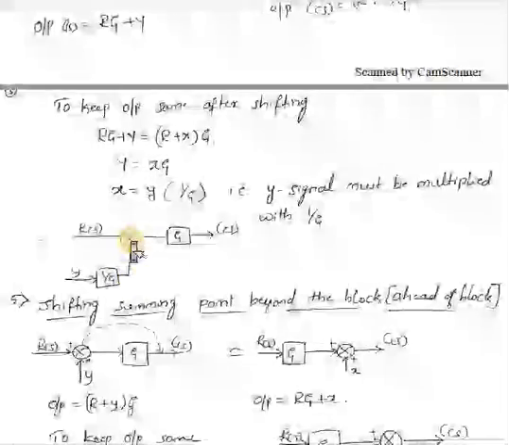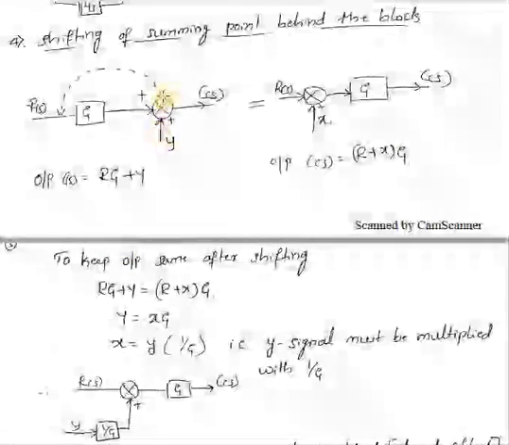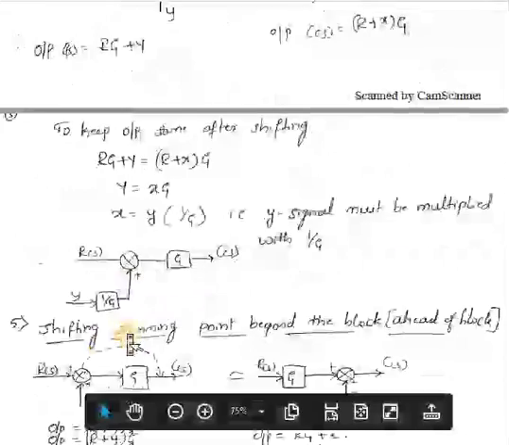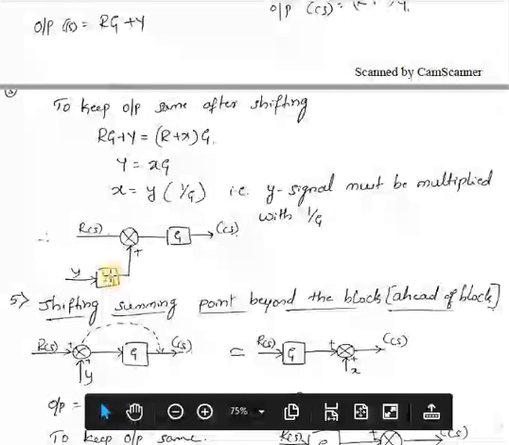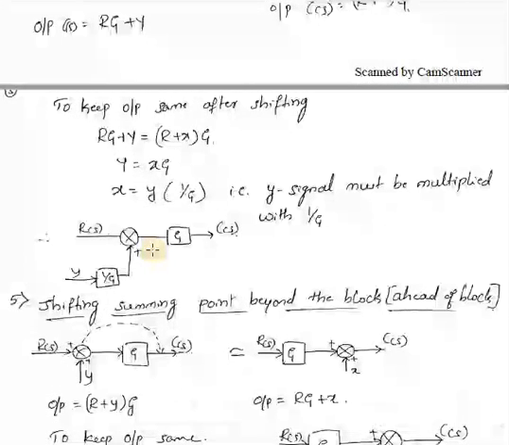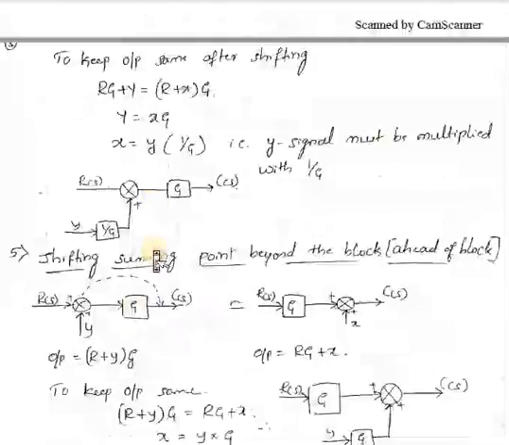Similarly, when you are shifting the summing point behind the block, you are dividing. Just remember these conditions, that is, when to multiply and when to divide for either the summing point or the takeoff point. Then vice versa you can use.